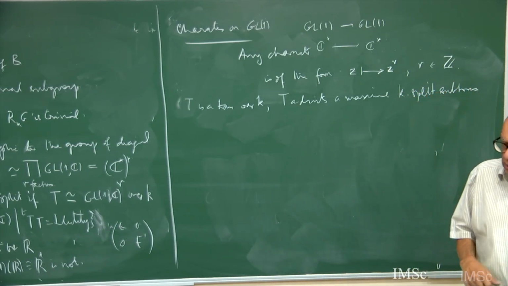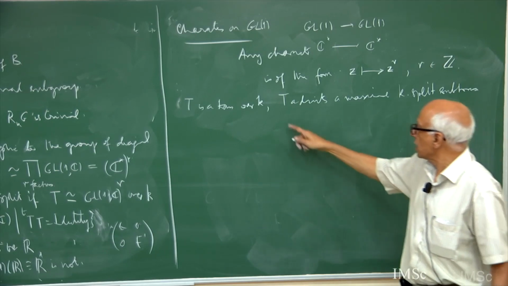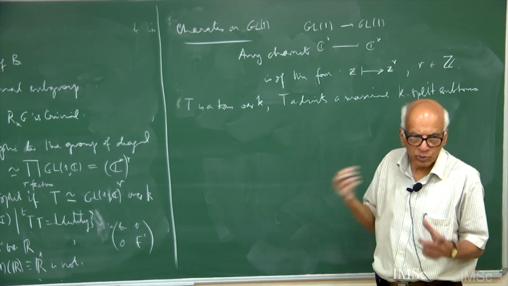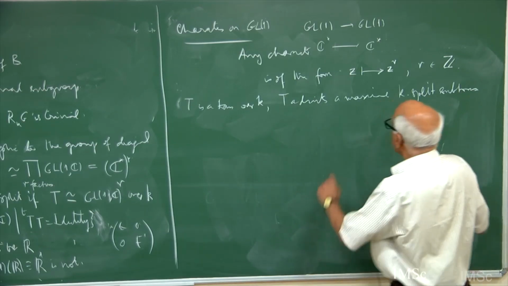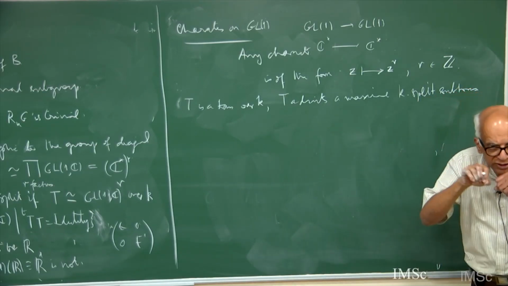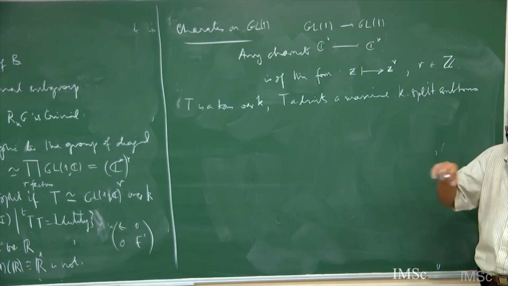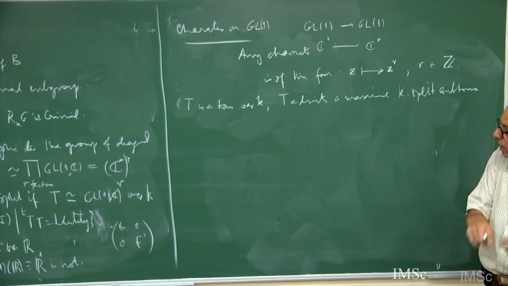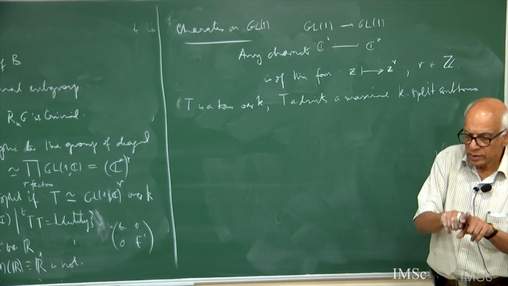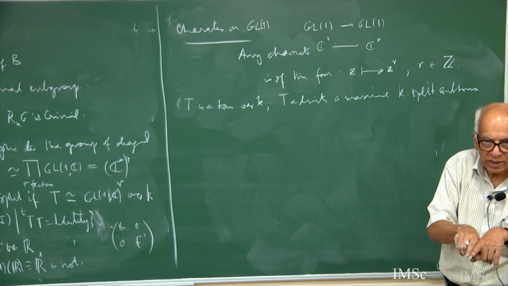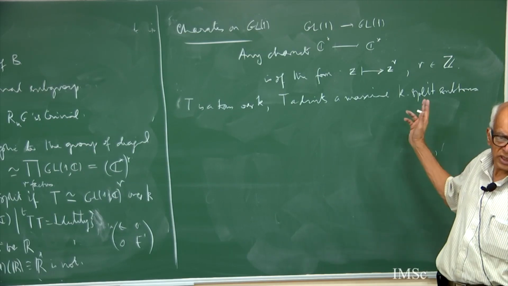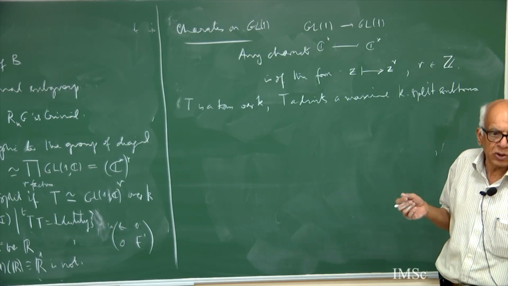If you have T1, T2 subtori, when I say something is K split, it means automatically it is defined over K. You have two subtori defined over K, then you can form the group T1 times T2. That will give you a new torus which will also be K split. It requires little work to see that it's also K split.